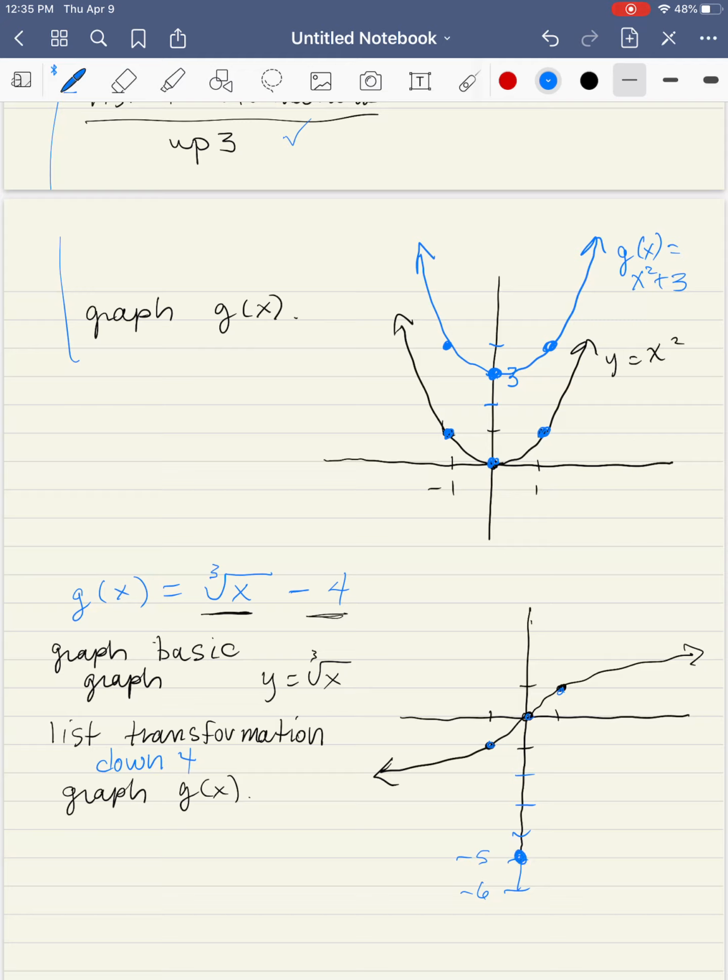So 0, 0 moves down to 0, negative 5. 1, 1 moves down to 1, negative 4. Oh, I'm moving things 5 units here. Let me fix that.